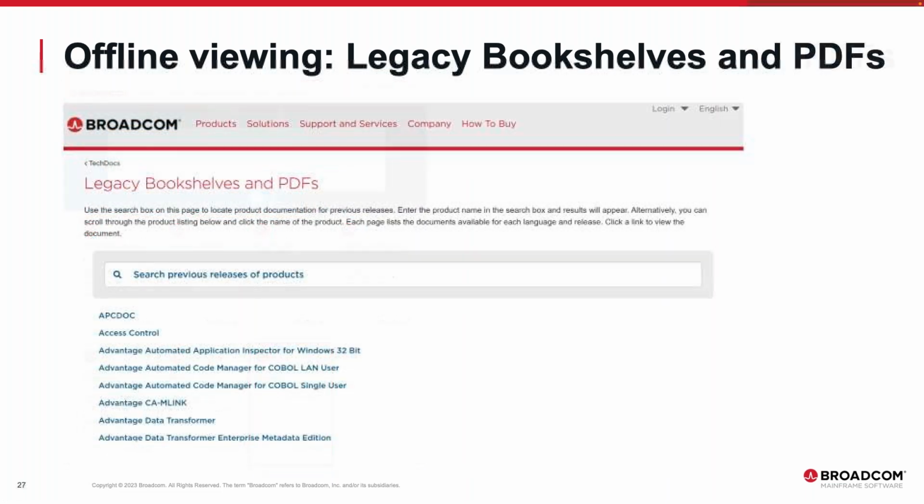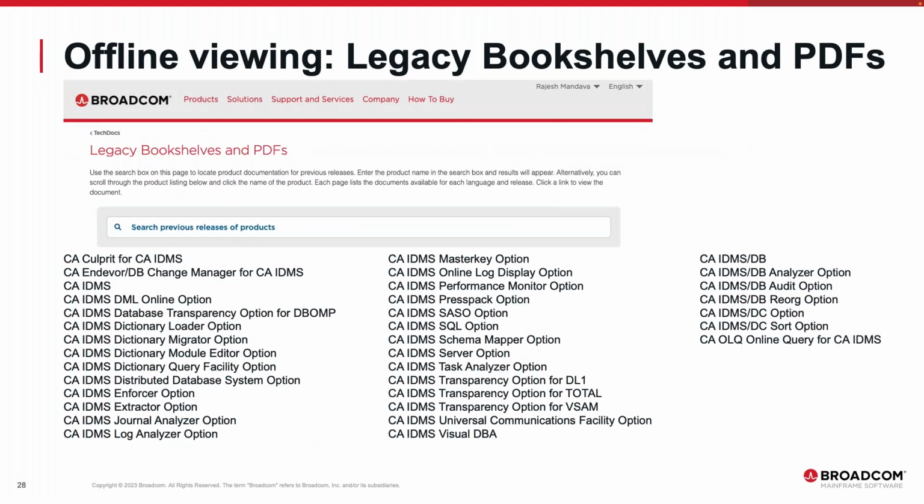On the legacy page, you can enter a search criterion or a specific IDMS bookshelf item. And if you do, in this case, CA IDMS, you'll get a long listing of documentation available. But please remember, the online tech doc should be the first place you go to for the current IDMS information.